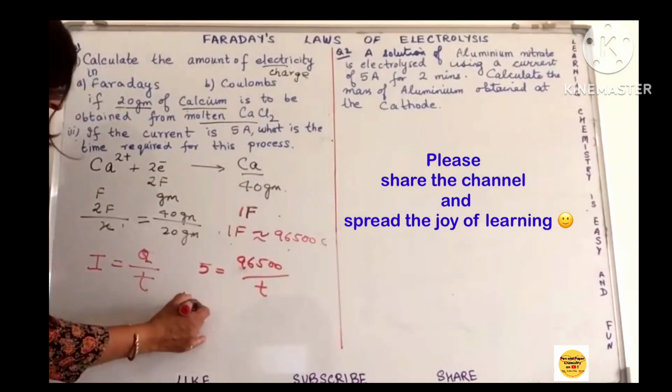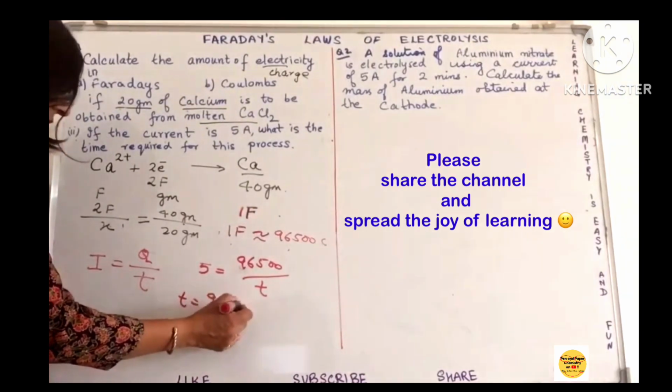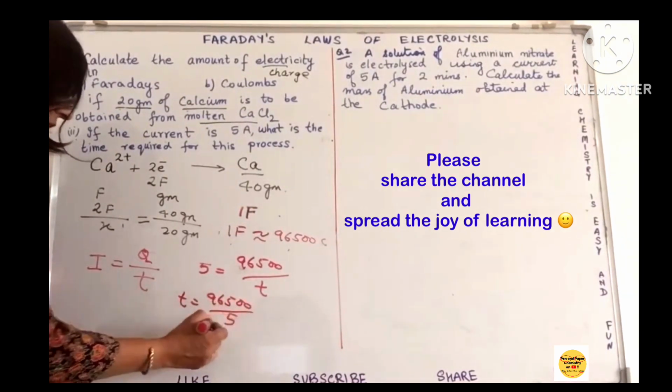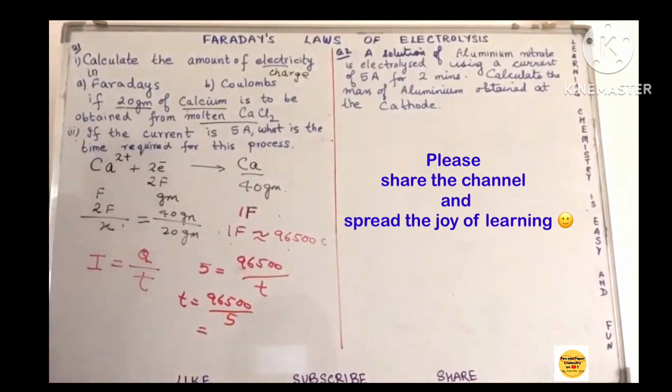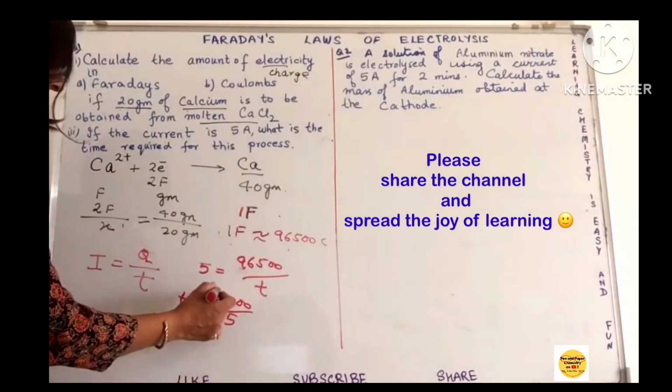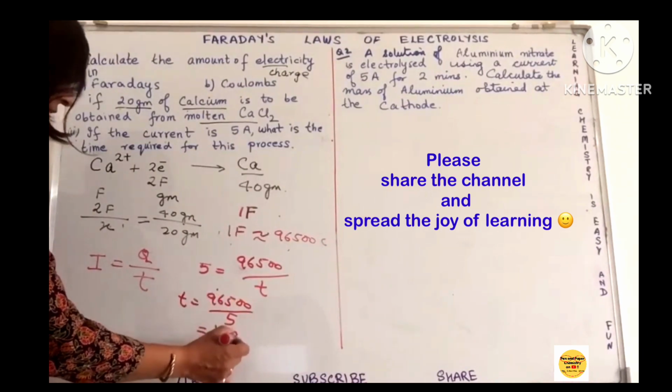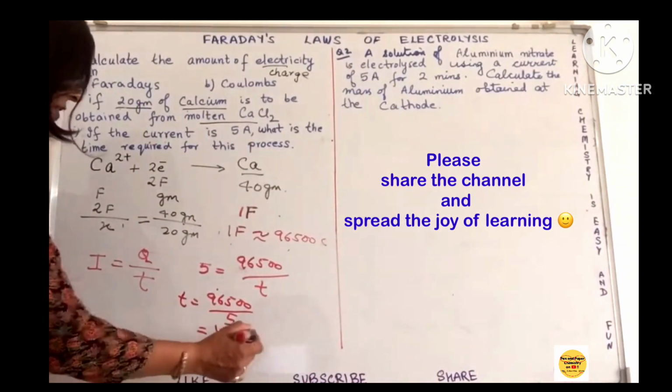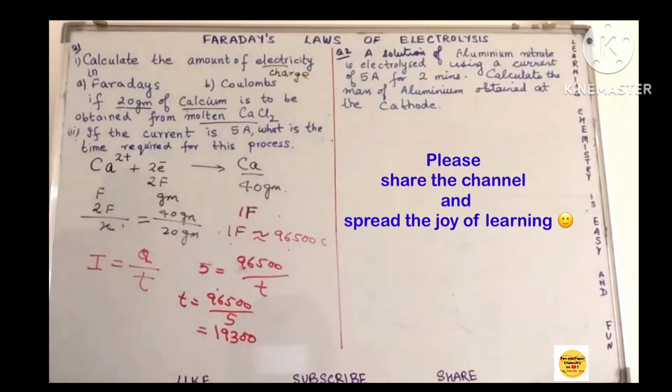So the time that we get over here is 96500 divided by 5. What do we get? Can you give me the answer? 5 times 1, 5 9s are 45, 5 3s are 15. So this is 19300, what? Without a unit it is senseless.